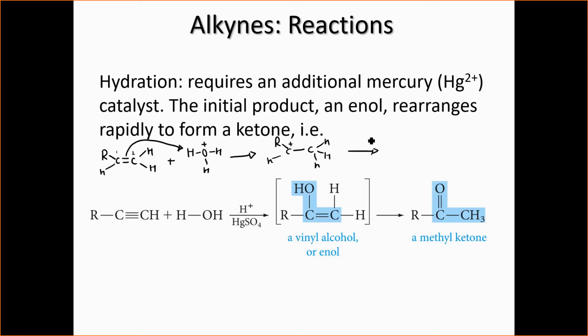In the next step, either water or OH minus, I'll just write OH minus, comes here, and you'll end up getting OH added to the more substituted carbon. And you end up getting this type of product. In the same way, here also it's the same thing.